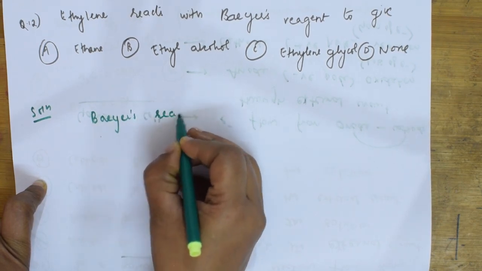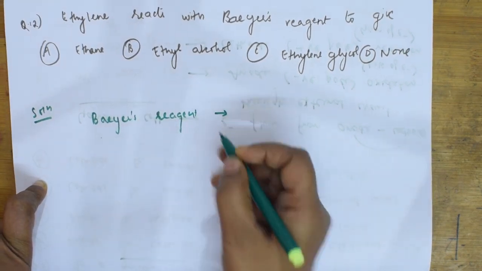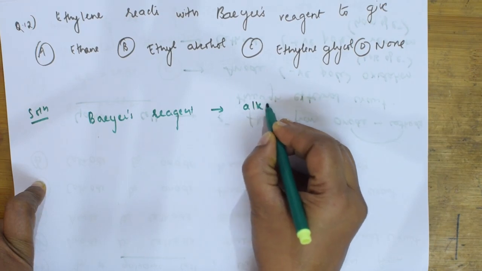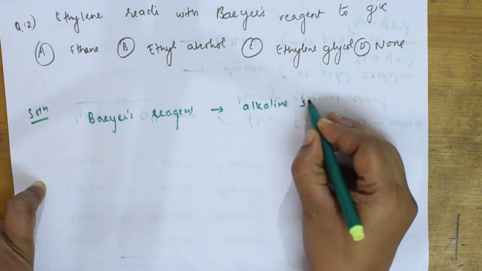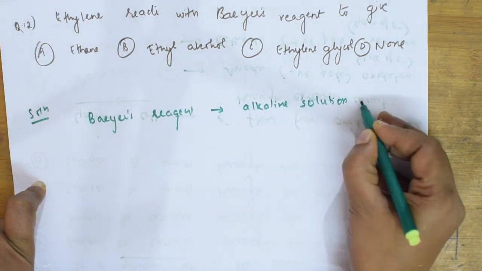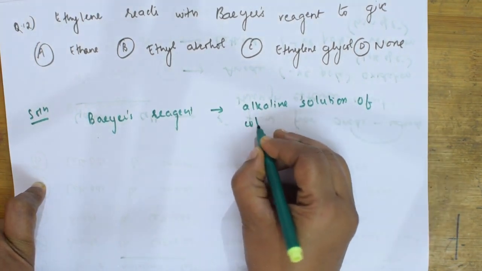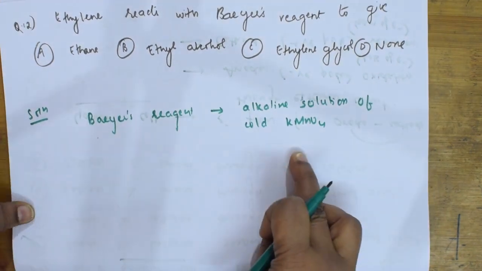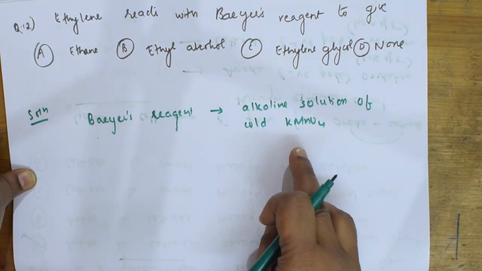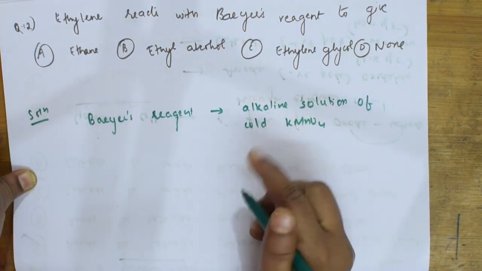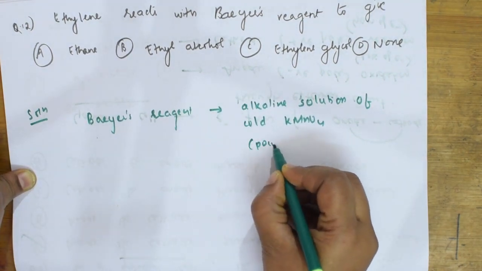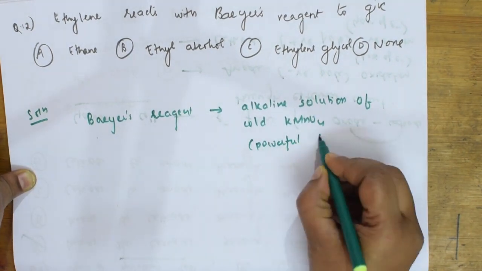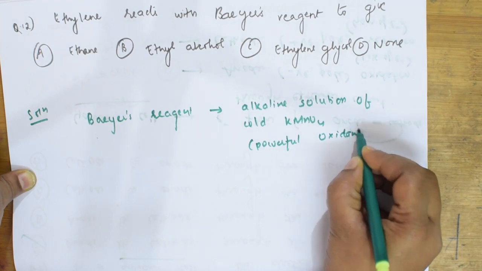Bayer's reagent is nothing but alkaline solution of cold potassium permanganate. What is the importance of potassium permanganate? It is a very powerful oxidant, correct?